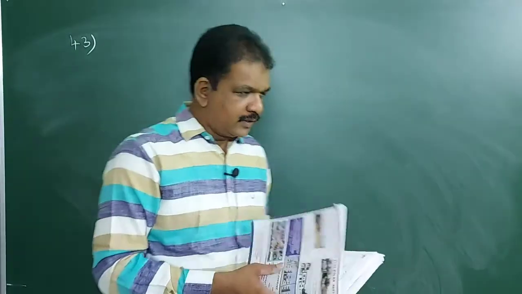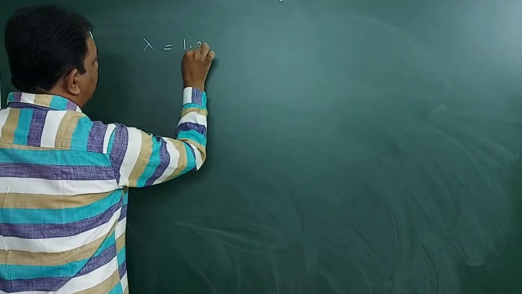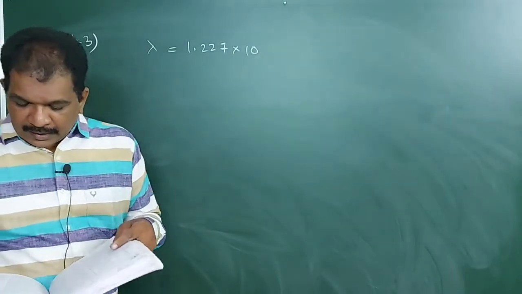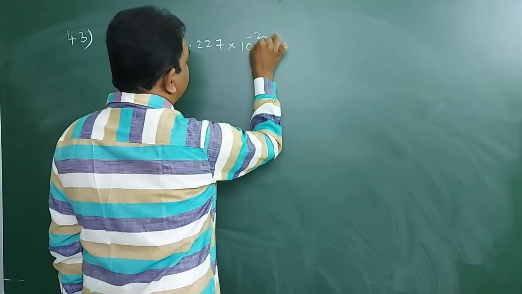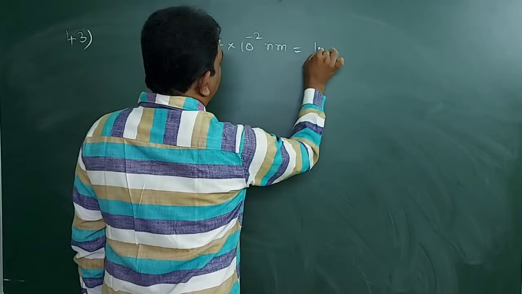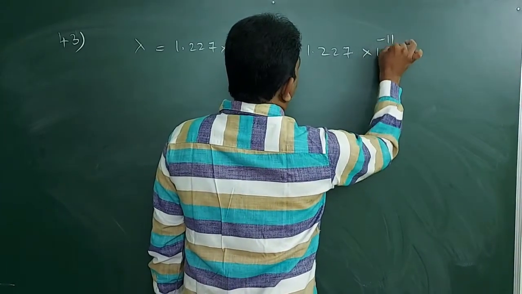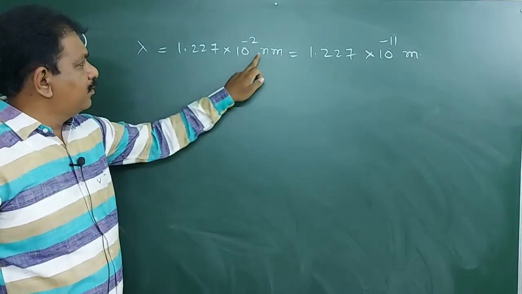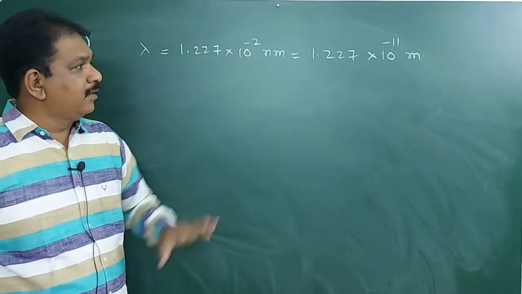They ask the potential difference. 1.227 into 10 power minus 2 nanometer is 1.227 into 10 power minus 11 meter, since 1 nano means 10 power minus 9, and minus 9 minus 2 means minus 11.